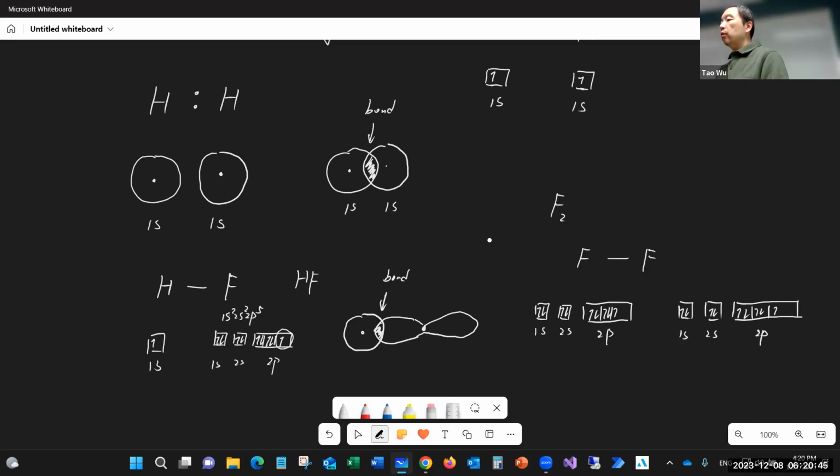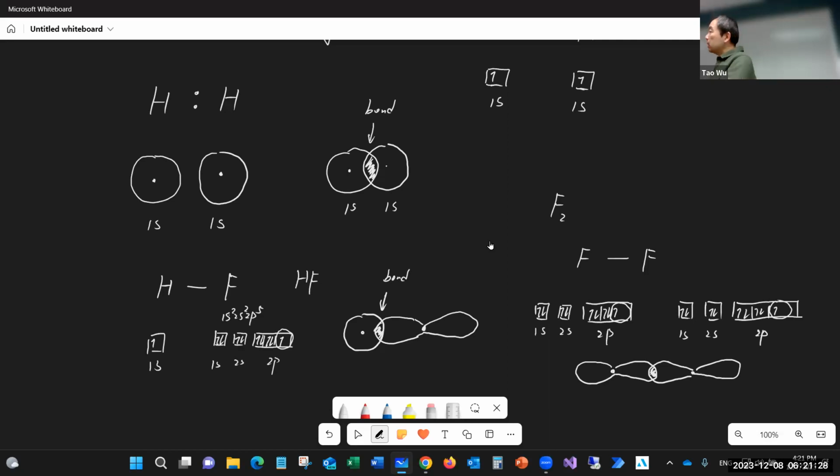You see, this fluorine has one unpaired electron, and this one also has one unpaired electron. Since they have those unpaired electrons, they can pair together and make another bond. But this case is not s and p, and also not s and s. Right now, it is two p orbitals overlapping together. That makes sense, right?